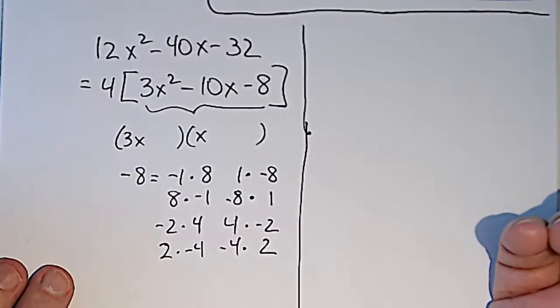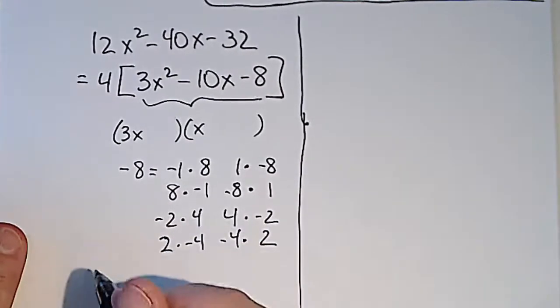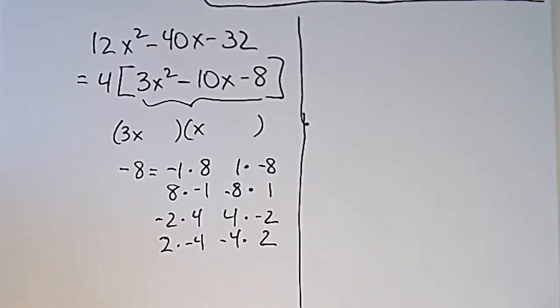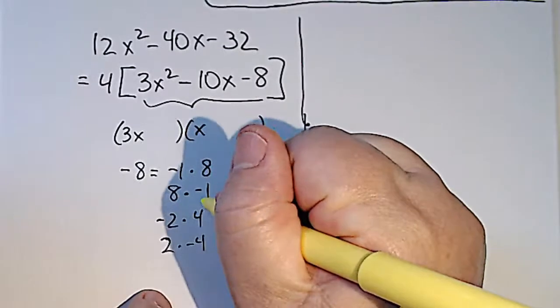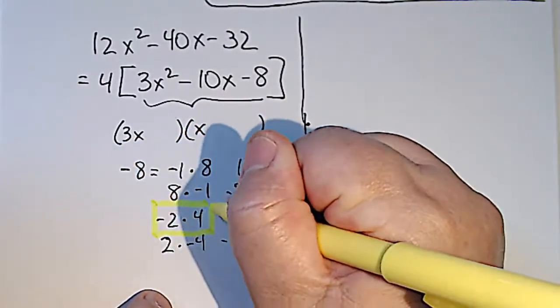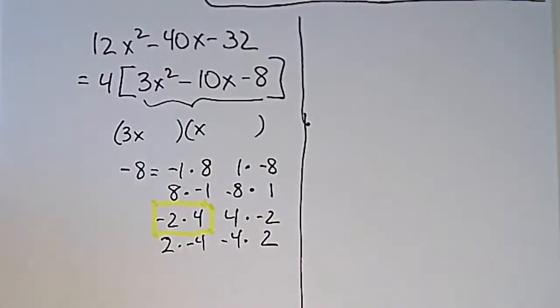So if I'm going to try these, for example, if I want to pick, let's see, you know what, I'm running out of space. So I'm going to try this one right there.